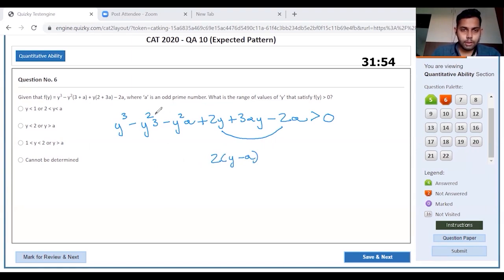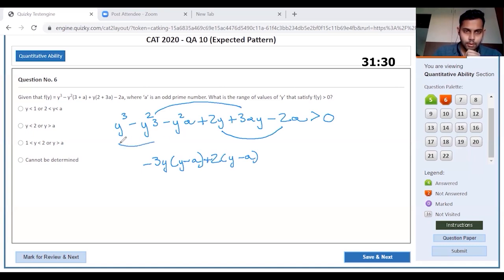Then if I merge these threes, what do I get? It has to be a minus 3y. Okay, then I have y here and a minus a again plus this, right?